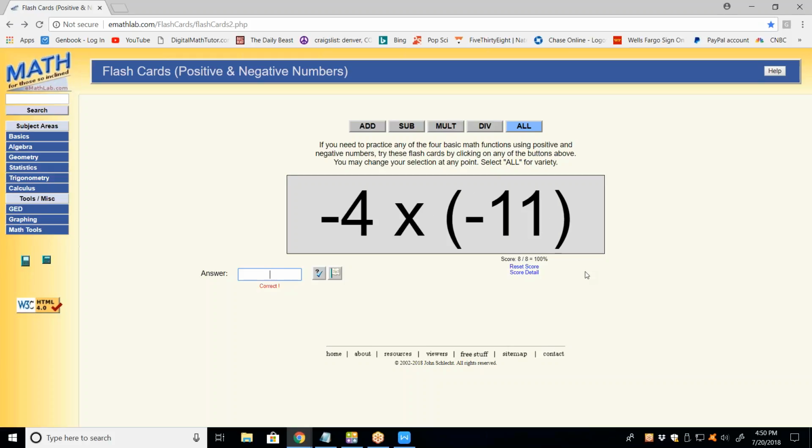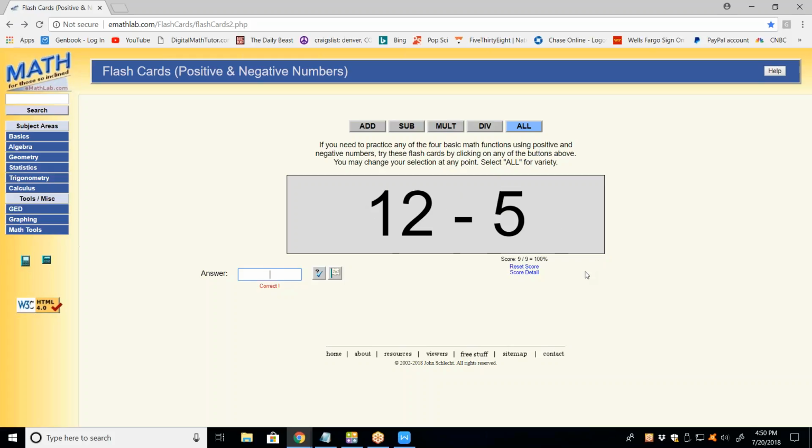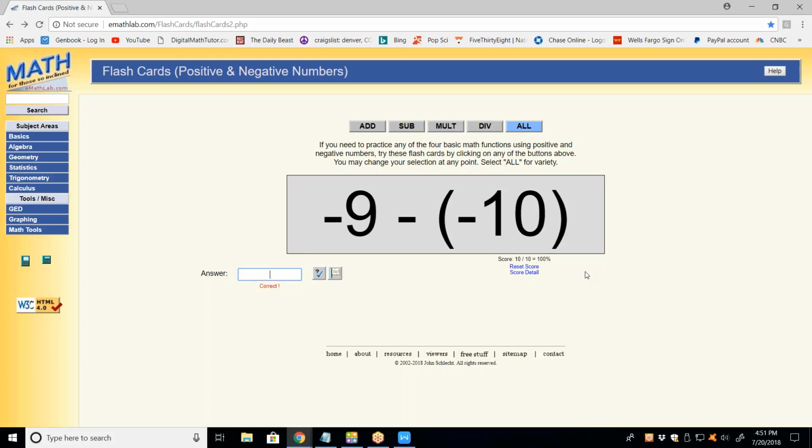One time I say sign first is if it's a multiplication or a division problem, because that's the first thing you should realize, what the sign's going to be. Is it positive? Uh-huh. 44. Did you say 44? Yep. 7.